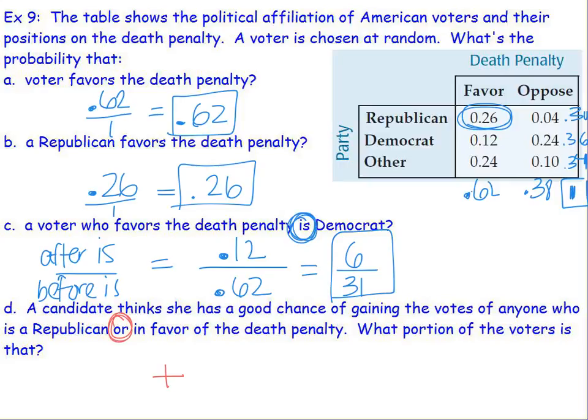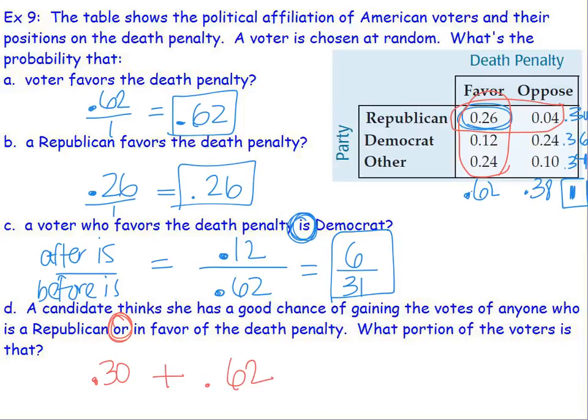So let's start with Republican. What is the total for Republican? Well, Republican was 0.30. The total for favoring the death penalty was those numbers, which was 0.62. But hopefully you're stopping and saying, wait a minute, we just used a number twice.